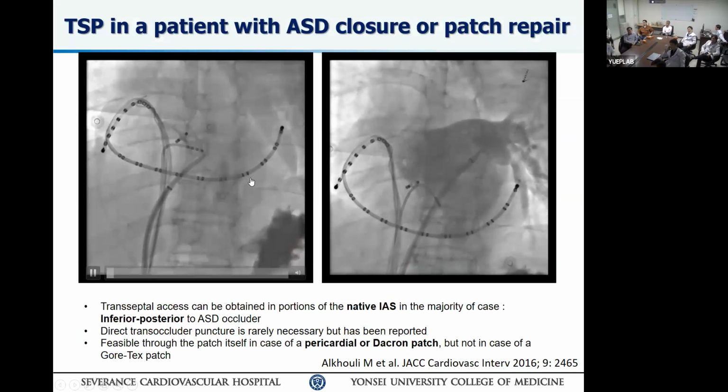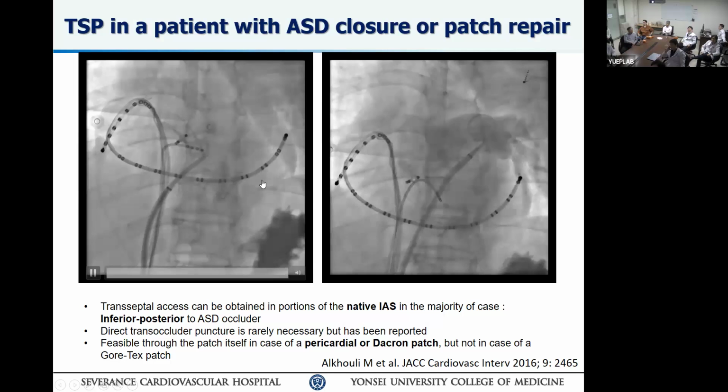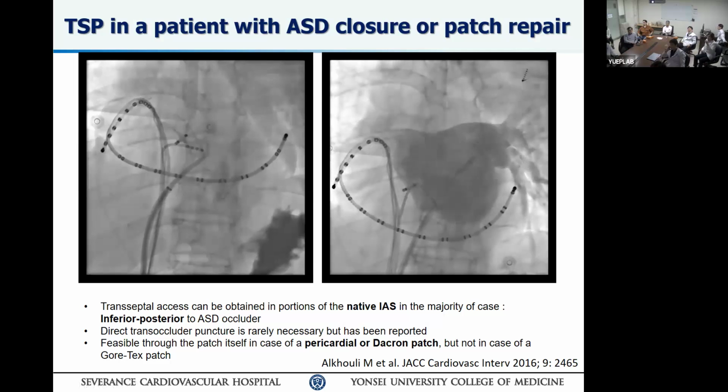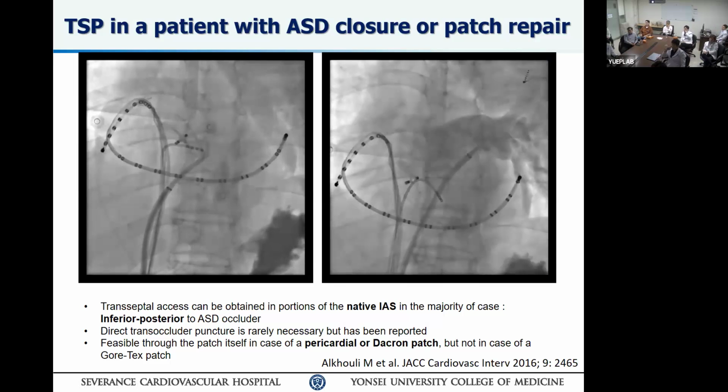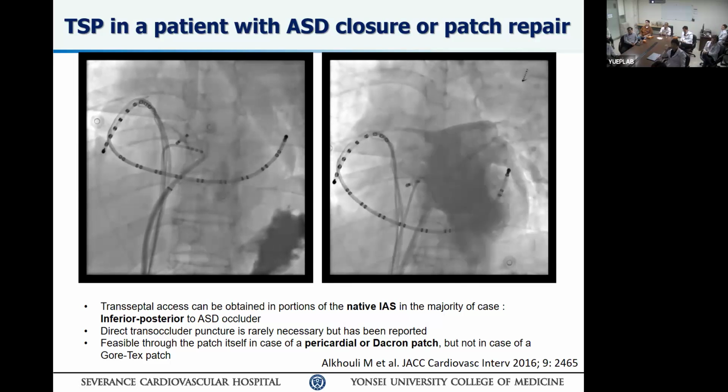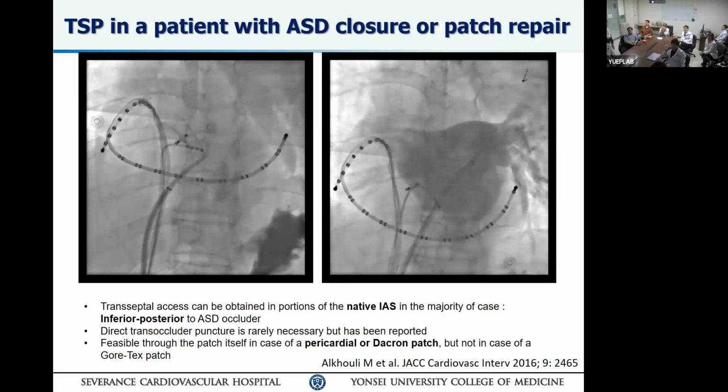You have some situations in which you have to perform septal puncture in ASD closure devices. Although with ASD closure devices it is usually safe to septal puncture through the closure device, there were several publications using the unclutcher.